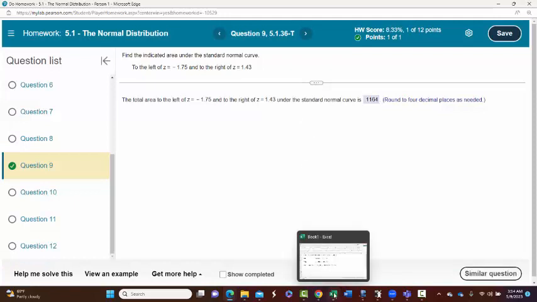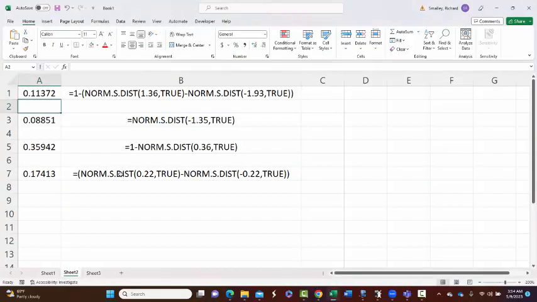So let's do this in Excel. Now I've already got this top one set up here from another problem I was doing. So let's just apply it to this one. So to do Excel, you have to do 1 minus the norm dist of the upper minus the norm dist of the lower. And you keep those in parentheses. It's 1 minus the difference of those, but they need parentheses around them, so the 1 minus affects all of it.